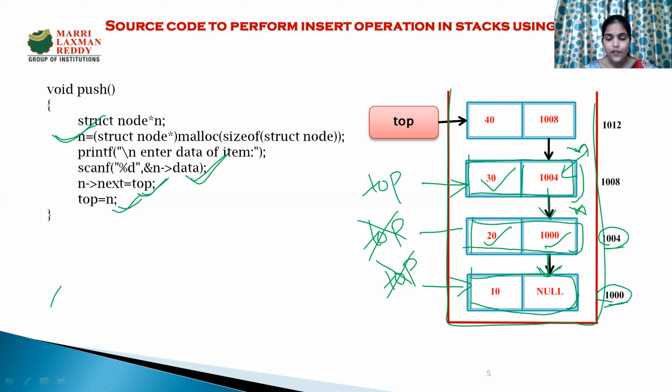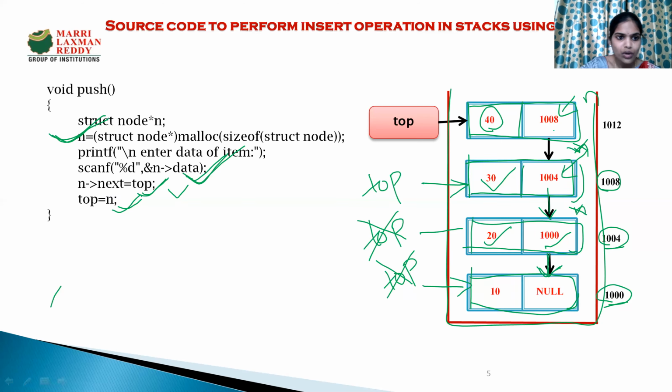If I have to insert one more node onto the top, then what I do is I create a new node by the help of a memory allocation function. I read some data into this node, that is 40. Again, I am establishing a link between the previous node and the next node, that is n next equals top. In n next, I am storing the address of top, that is 1008.